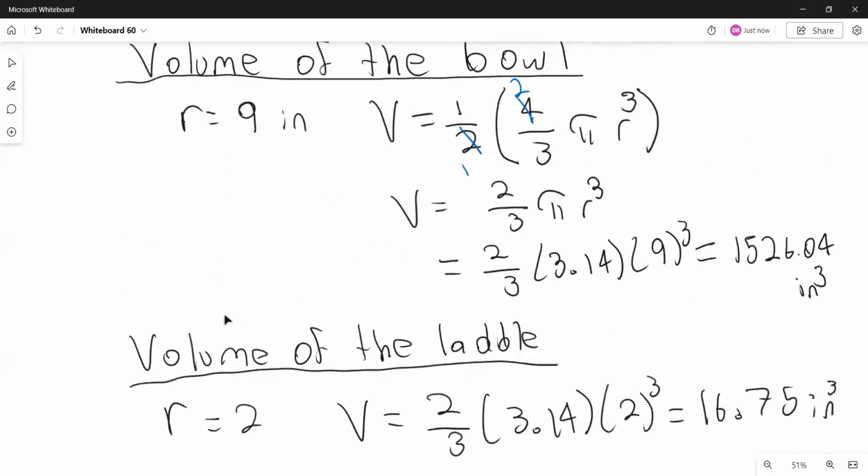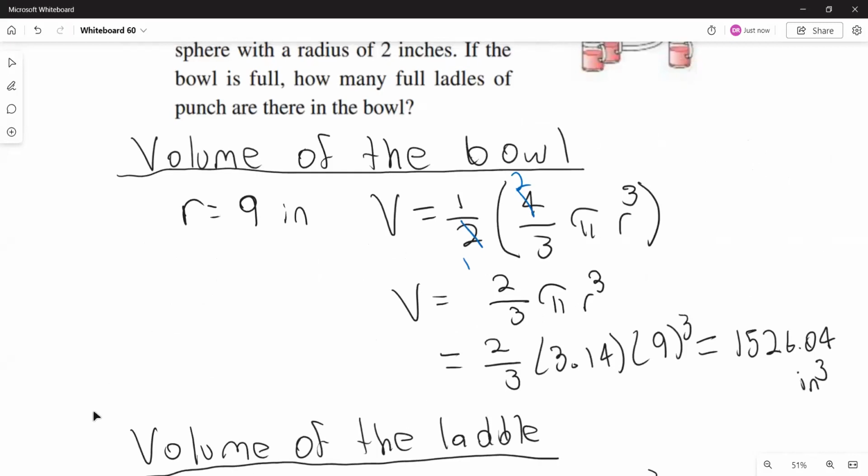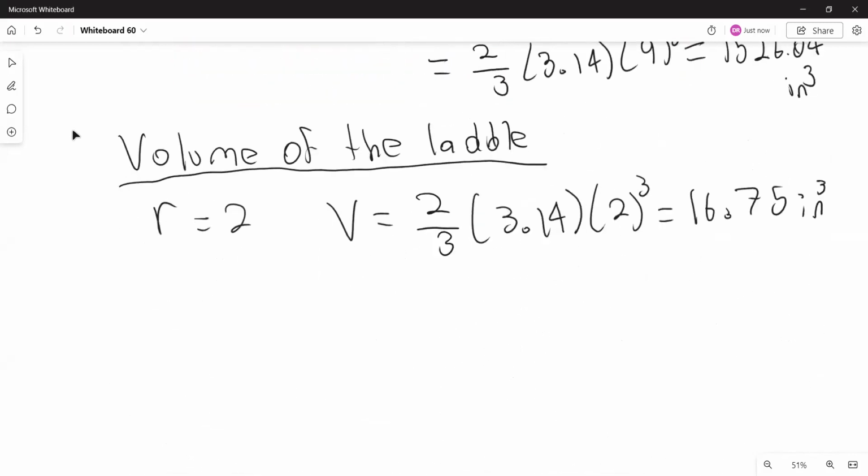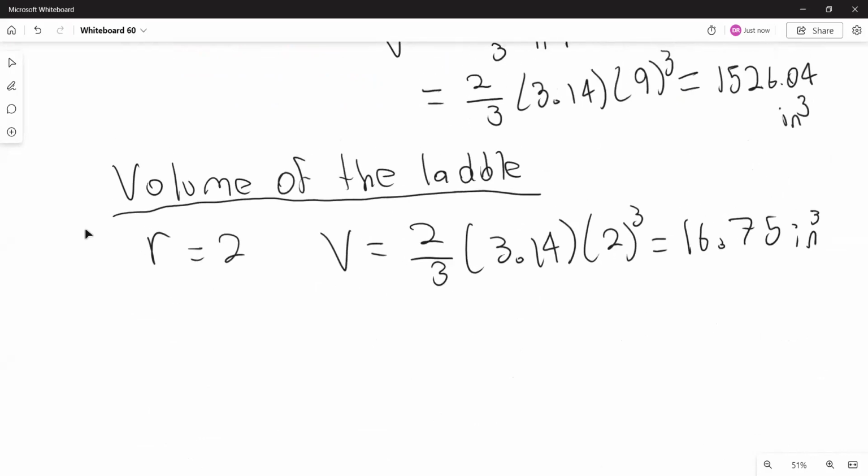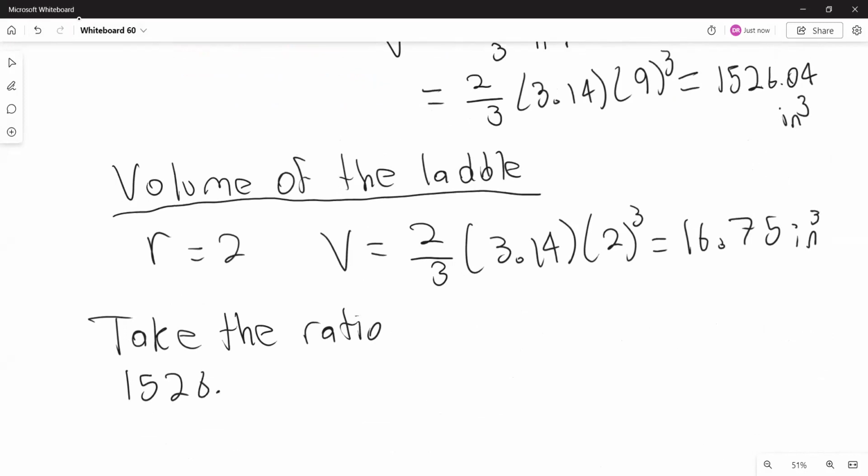And to answer the final question, how many full ladles of punch are there in the ball? We're going to take the ratio: 1,526.04 divided by 16.75. Chances are that if we have a decimal, we're going to round down.